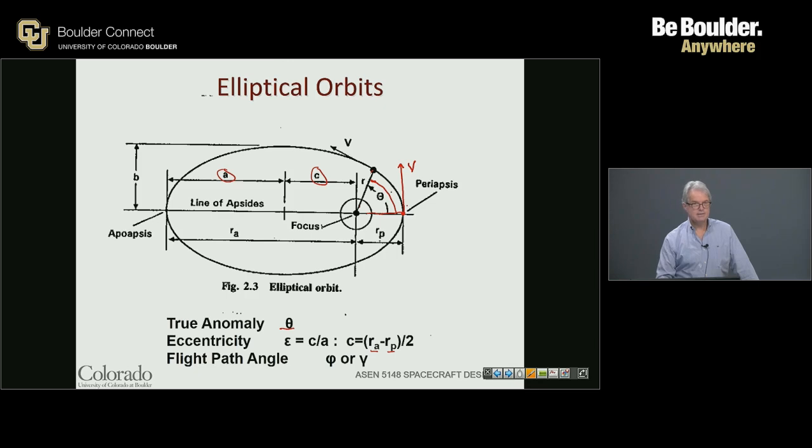We say that the spacecraft has 0 flight path angle because the spacecraft velocity vector is tangent to the orbit plane. As the spacecraft moves through its orbit, we can start to generate and look at the radius vector, the normal to the radius vector, and the angle that gets created between essentially the normal to the radius vector to the spacecraft and the velocity vector of the spacecraft itself.